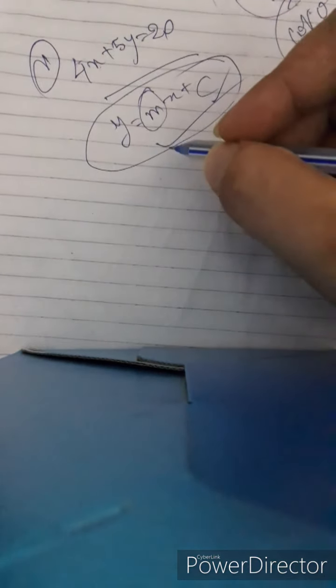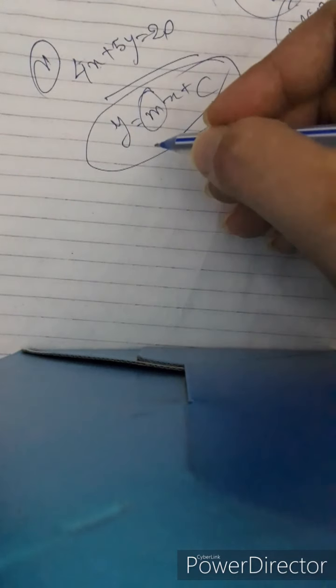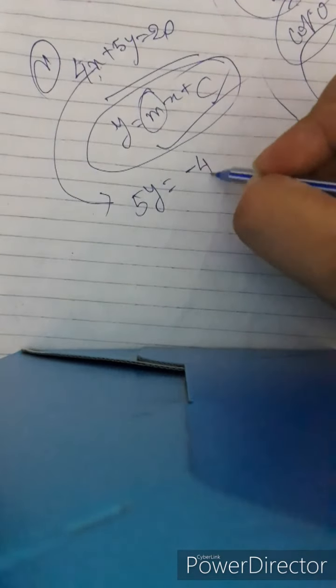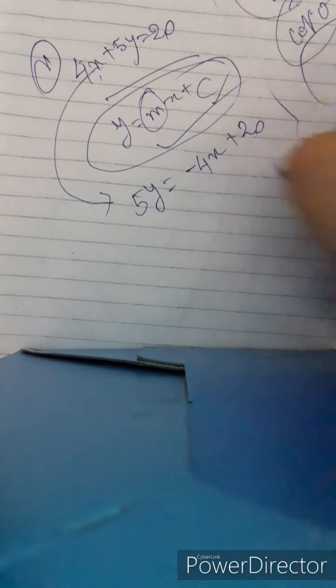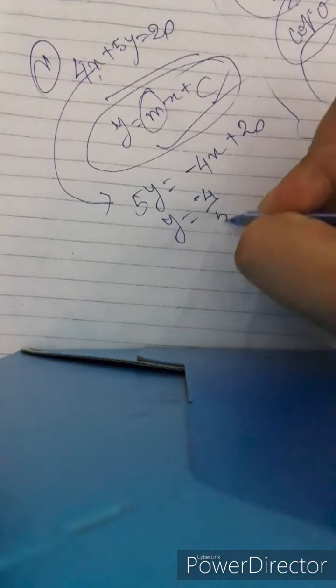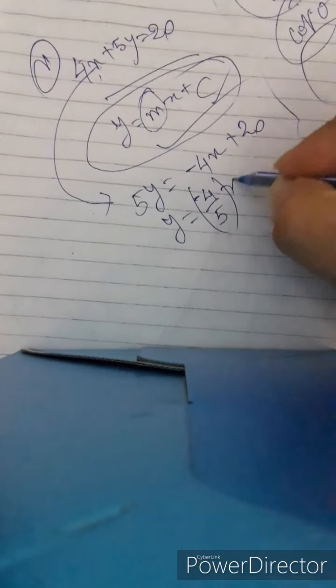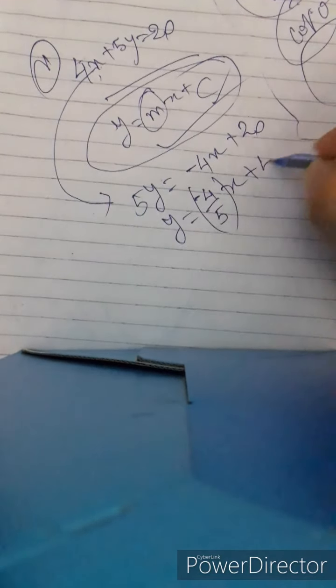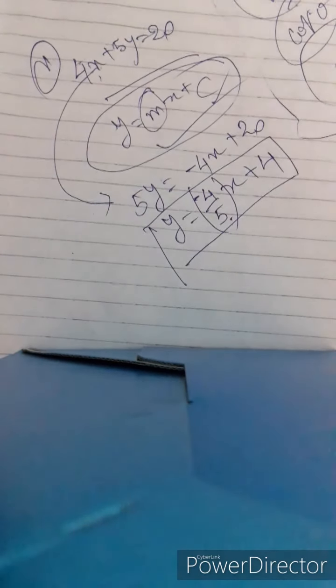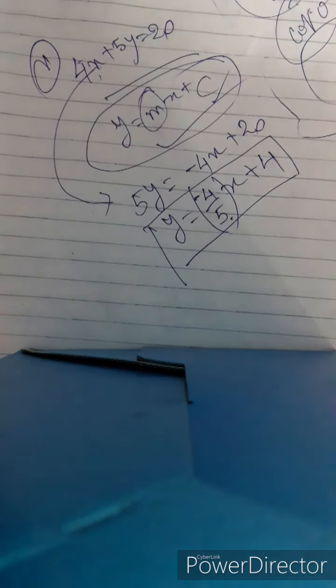Here 5y equals minus 4x plus 20. So y can be taken as minus 4 by 5 x plus 4. So c becomes 4, and m becomes minus 4 by 5.